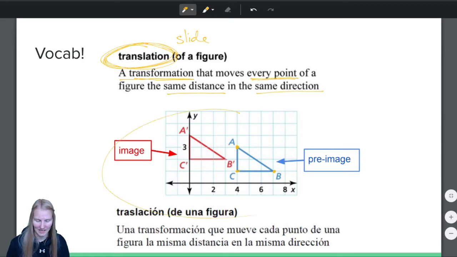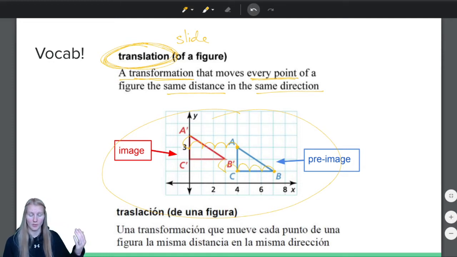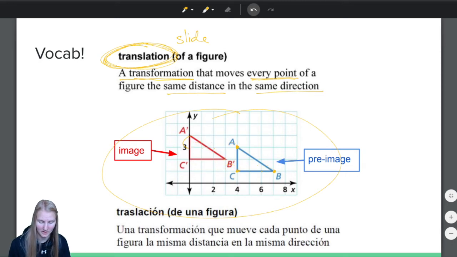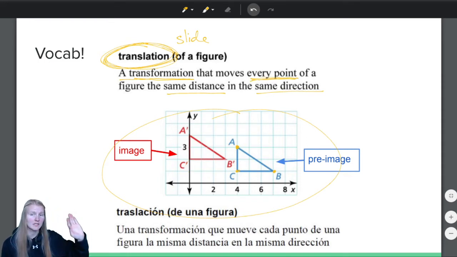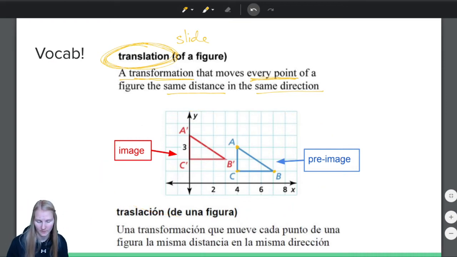So in this example, we moved the blue triangle 1, 2, 3, 4 to the left and up 1. We also moved the point B 1, 2, 3, 4 to the left and up 1. And we moved the point C 4 to the left and up 1. So every point in the figure gets moved the same distance in the same direction.